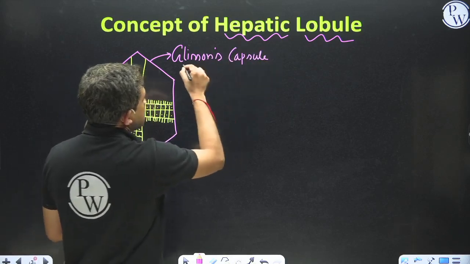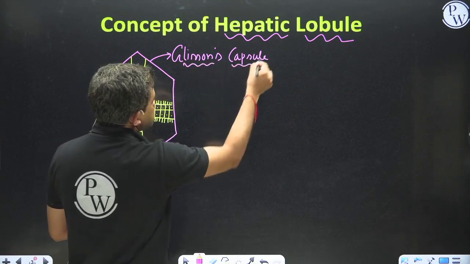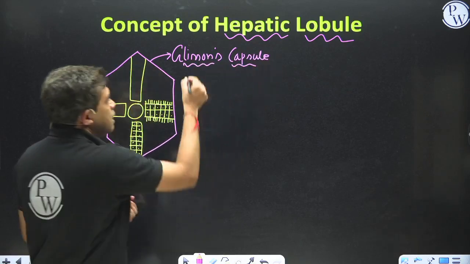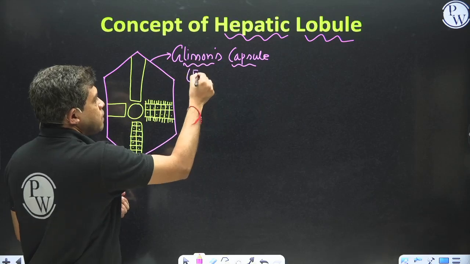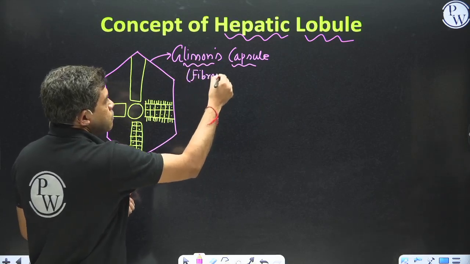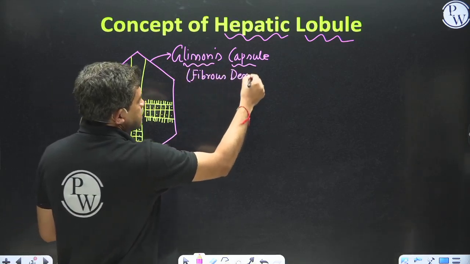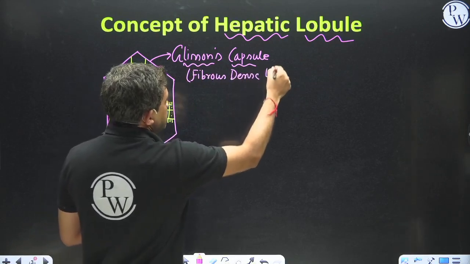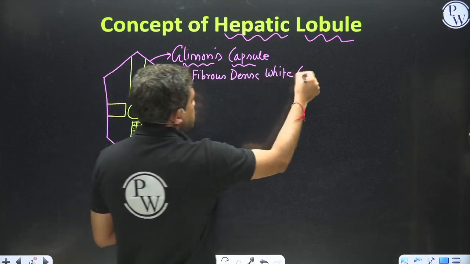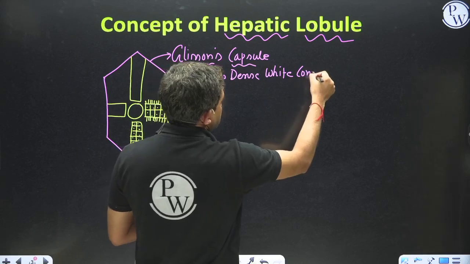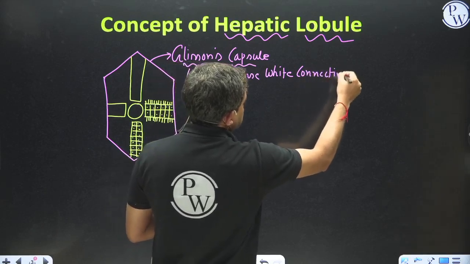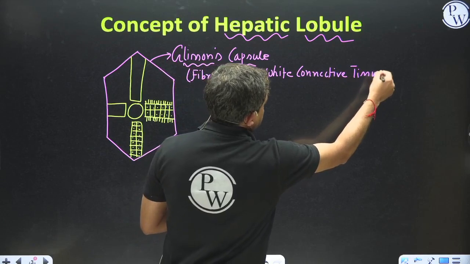What are its important features? This capsule is made up of a fibrous, dense, white connective tissue sheath.